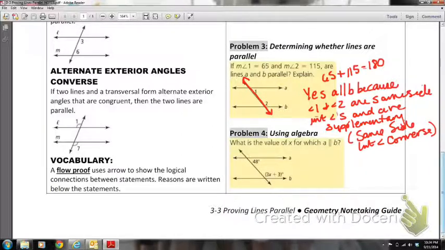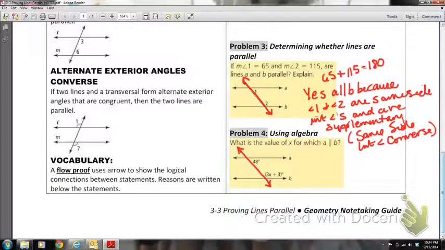The last problem, we're using algebra to find the value of x for which A would be parallel to B. Once again, same type thing. You look and see, based on these angles, which line is the transversal. This would be the transversal. What kind of angles are the two angles that are labeled?